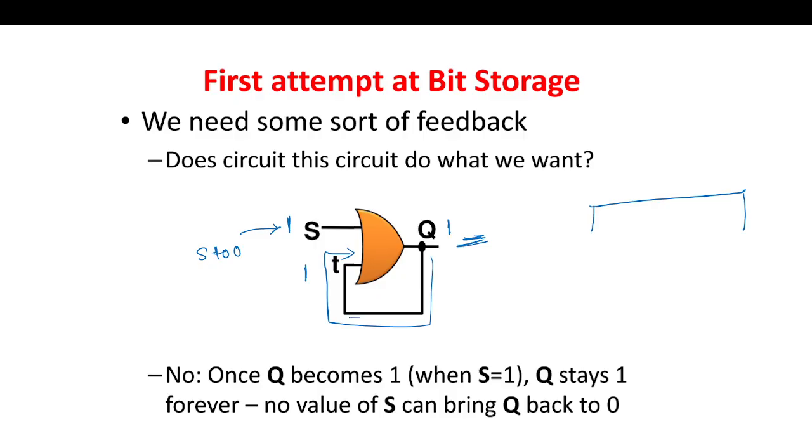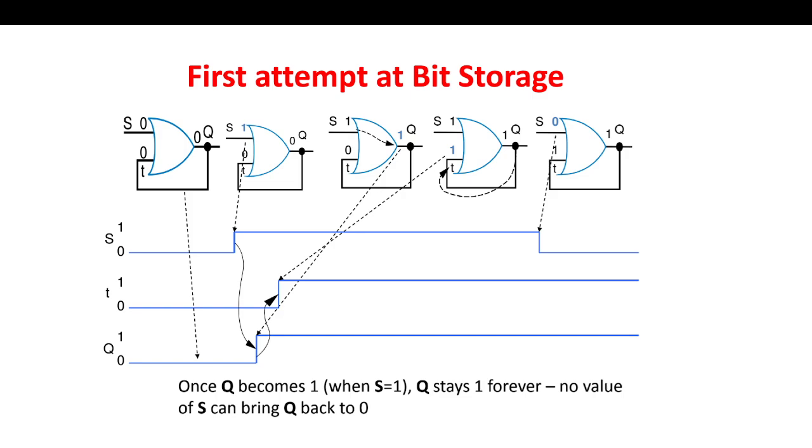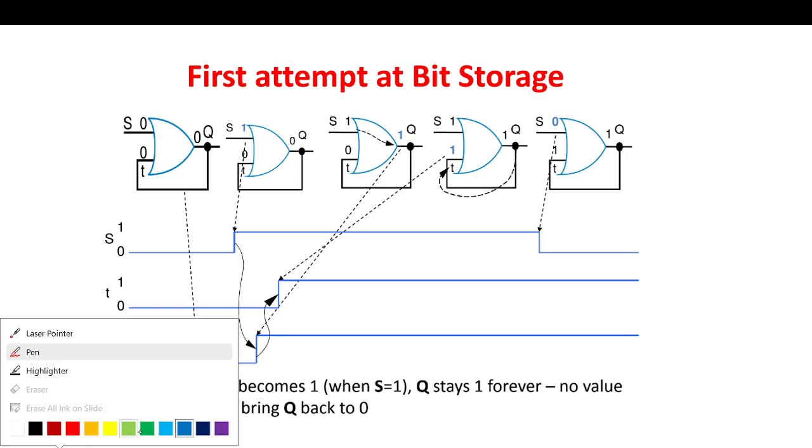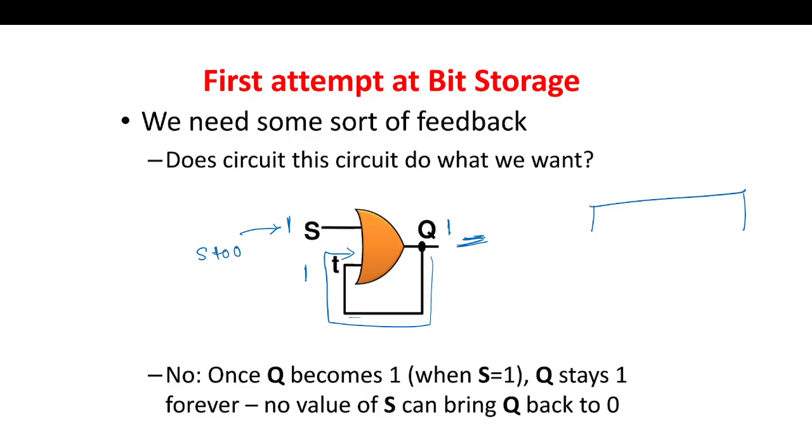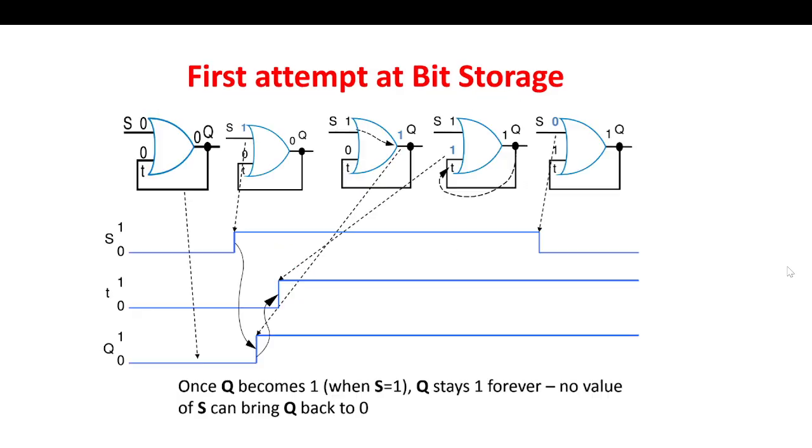If you start with 0, you apply initially 0, then the output will depend on this value. If it is don't care, it will depend on this value. And if we apply 1, the output is 1 always. So this cannot be used as a storage element to store 1-bit data.